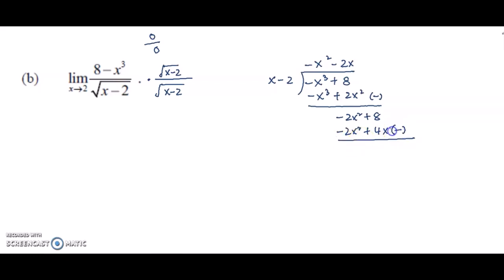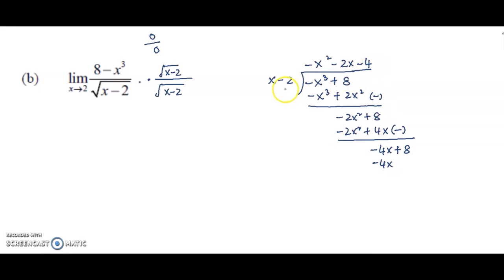Once you have done this, again you minus. So the leading term after the minus, you get 0. And you got 8 minus 4x. Again, I will put a negative 4x as my leading term, plus 8. Then now you can see that negative 4x divided by x, I will take this as negative 4, because negative 4 multiplied by x, you got negative 4x.